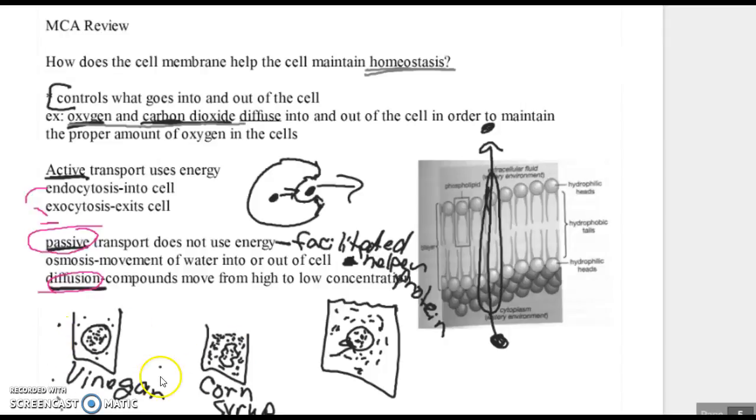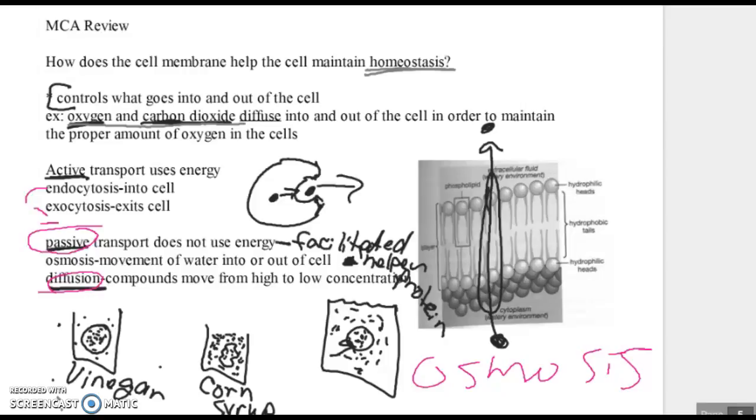We demonstrated osmosis, which is movement of water through a membrane, when we had our eggs, and we put eggs in vinegar, and water moved into the egg because the solute level was higher inside of the egg.